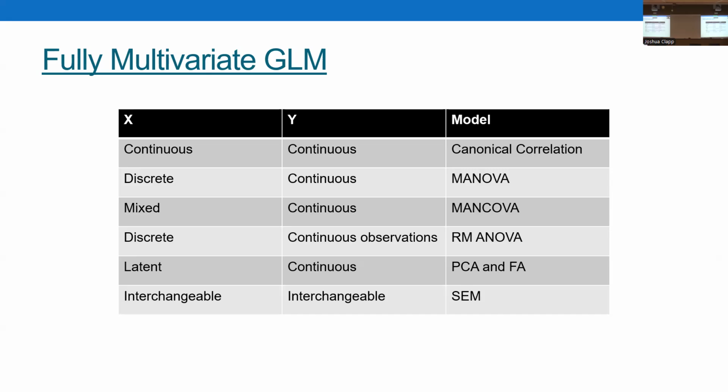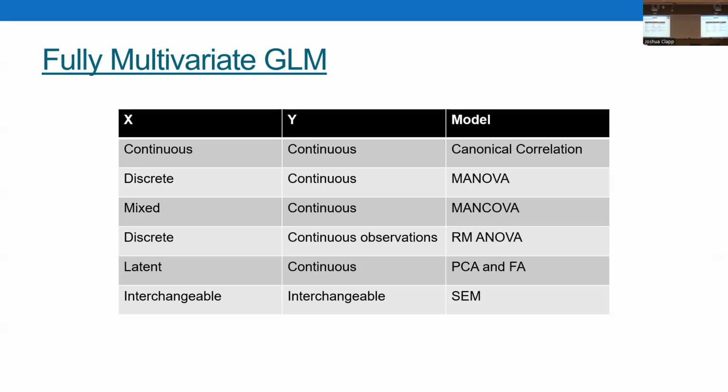When we're thinking about the development of SEMs, Amos was really a big leap forward, and SPSS ended up taking that over, because it was more of a diagramming tool. Once you drew what you wanted to do, the program puts in the models.